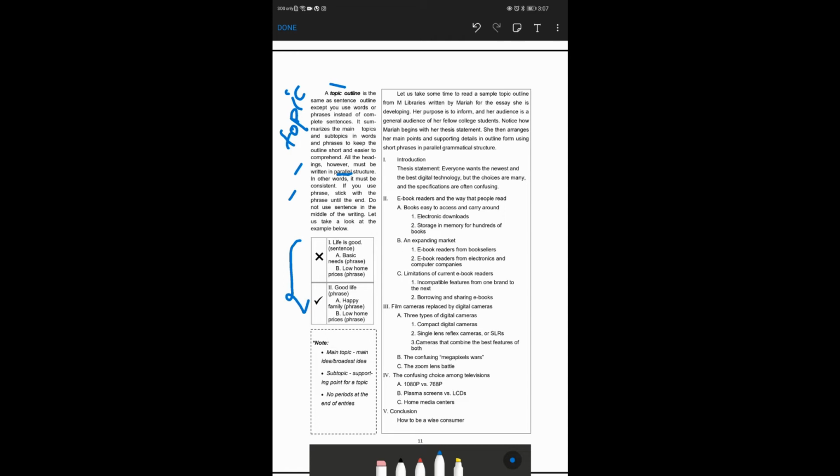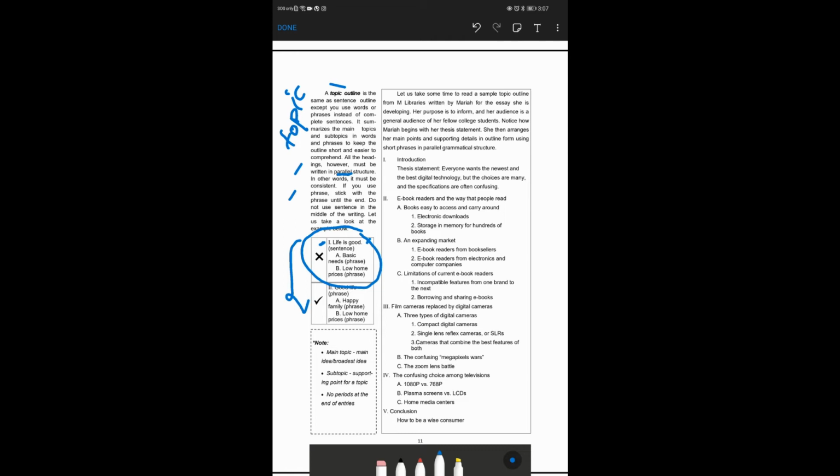Kapag daw topic outline ang gagamitin mo, this is wrong. Bakit? Kasi, yung first part mo, itong nasa Roman numeral 1 mo, yung thesis statement mo, sentence siya. Life is good. May period doon, di ba? It's a sentence. Pero yung mga sumunod mo namang levels, capital letters, like A, basic needs, B, low home prices, those are phrases, hindi siya sentences.